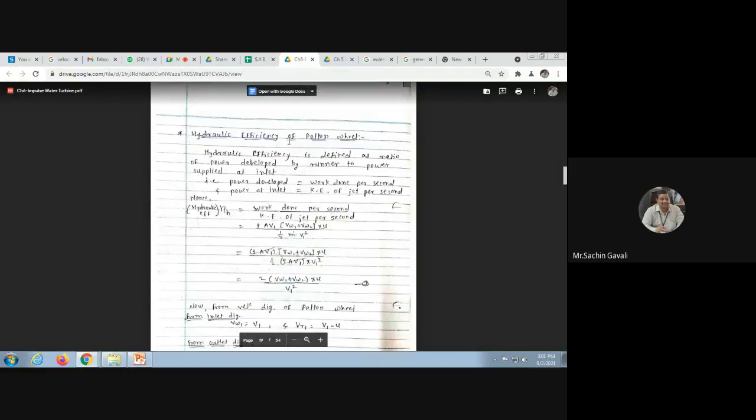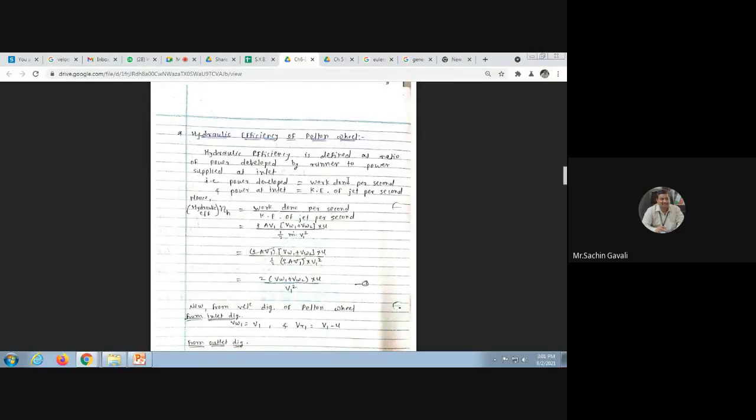Hydraulic efficiency of Pelton wheel is defined as the ratio of power developed by runner to power supplied at inlet.